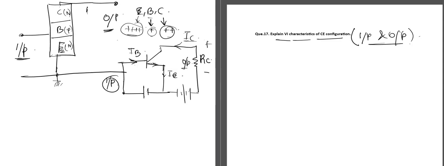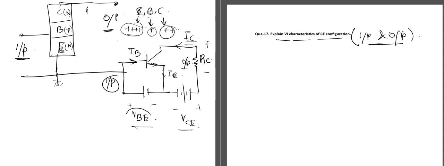So the input is applied between the base terminal and the emitter terminal. The input voltage will be denoted as VBE. In the output section, the output is taken between the collector terminal and the emitter terminal, so the output voltage will be denoted as VCE.